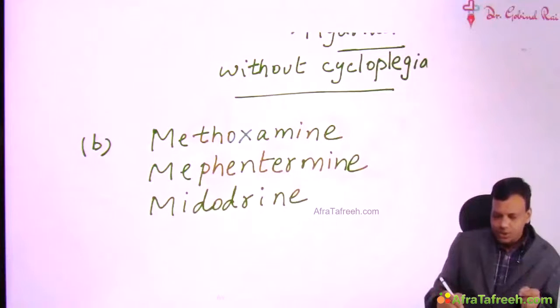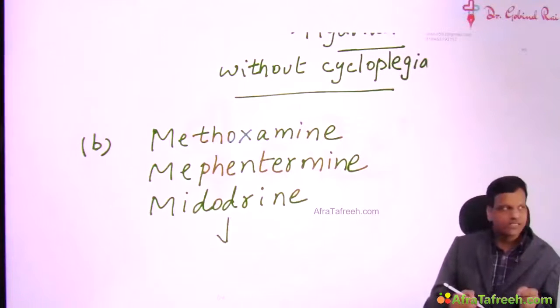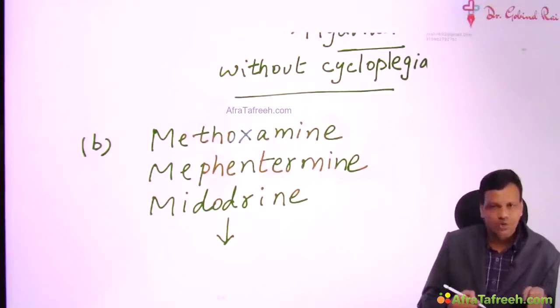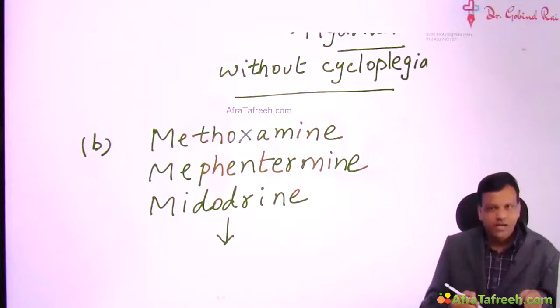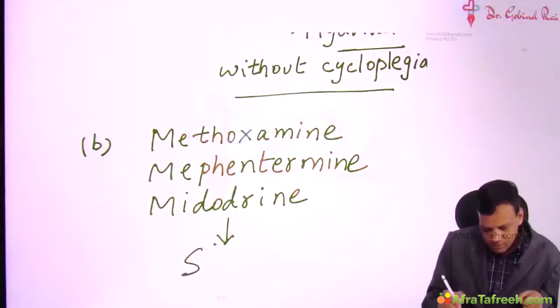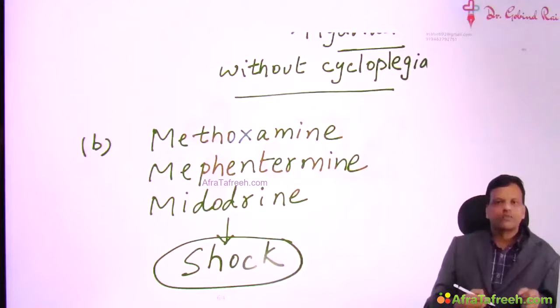These drugs are mainly used for effect on the blood vessels. And what is the effect of alpha-1 on the blood vessel? It causes vasoconstriction, so BP will increase. And in which condition we will like to increase BP? We will like to increase BP in hypotension or shock. So these drugs are used for treatment of shock or hypotension.